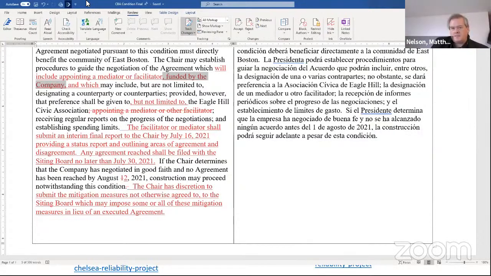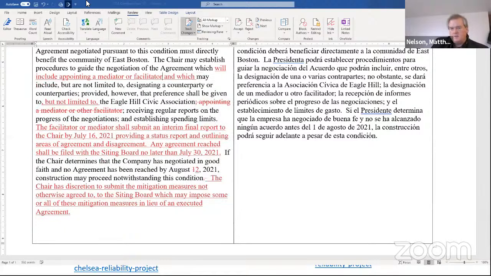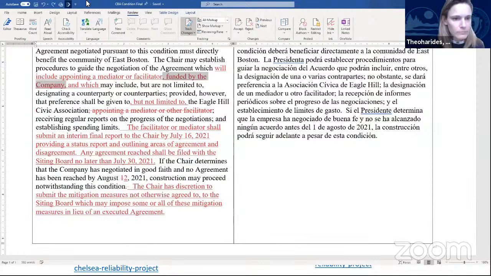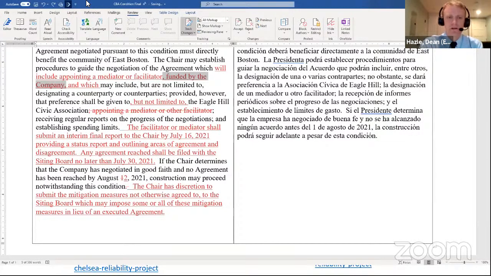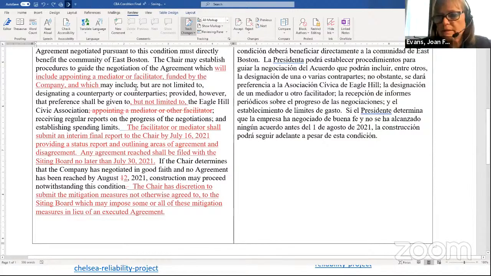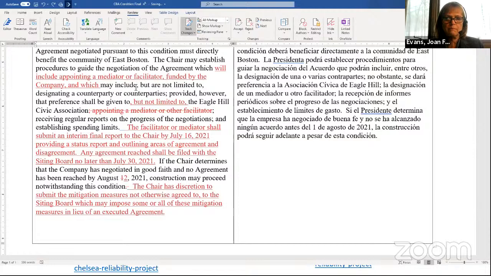Yeah, it wouldn't be a company-selected facilitator. They would just get the bill. They would not necessarily be the one choosing it. I think also if you're expecting the company to fund the facilitator, it's better to make it explicit. Okay. Ms. Evans, is this a good location to specify who pays for the facilitator? Yes. Okay.